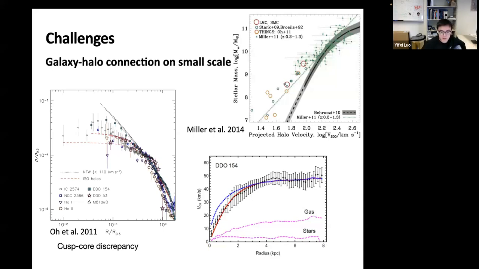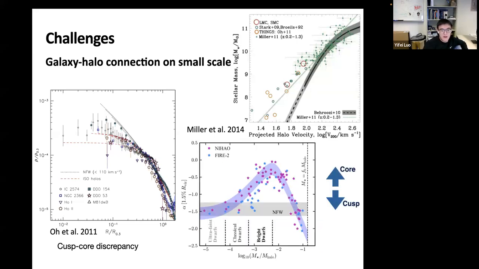People might be familiar with the so-called cusp-core discrepancy in dwarf galaxies, and also the discrepancy in the stellar-halo mass relation on small scales. There has been some discrepancy between simulations and observations.